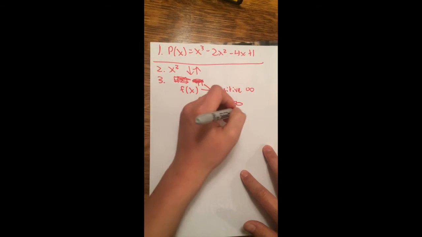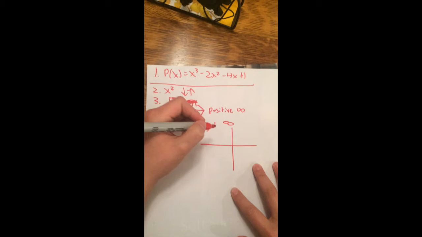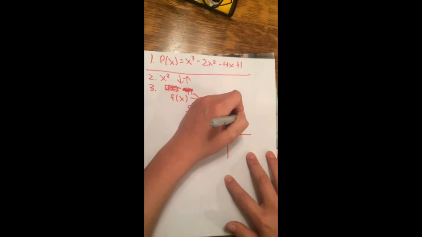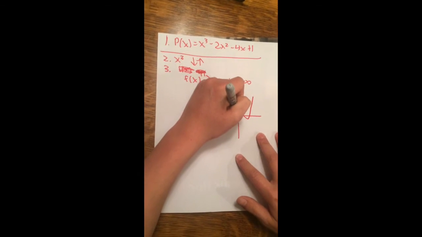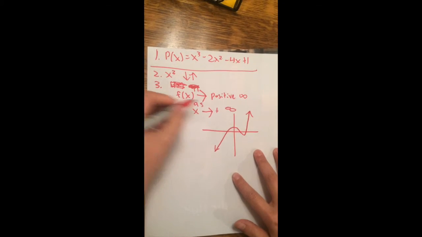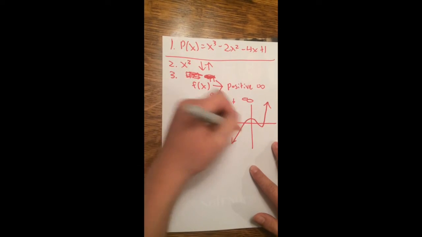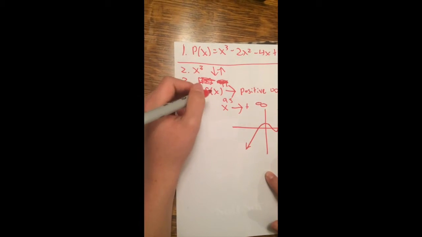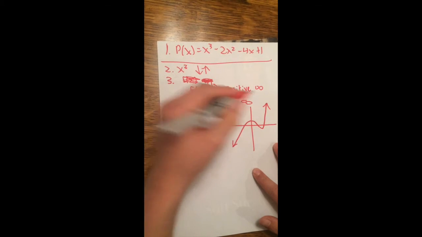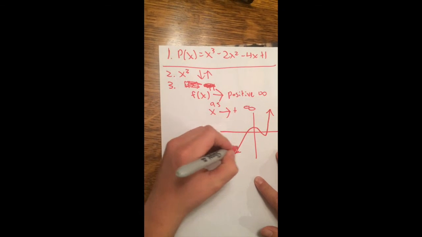So what that means is, for this polynomial, it's going to look something like this. So that means that this is going on to positive infinity, and then for the opposite side, it's going to be f of x negative infinity as x goes to negative infinity. So that's for this side.